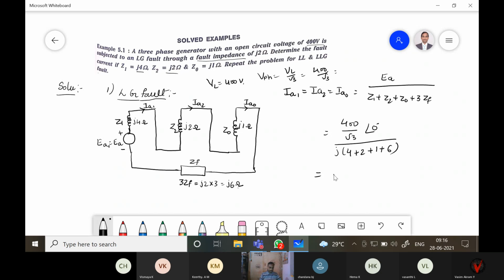So we will get minus j into 17.765 ampere in rectangular coordinates. So we need to find the fault current.